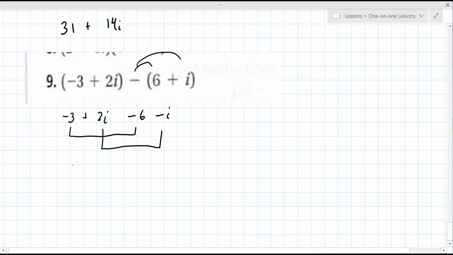So that makes it minus 9, and then it's just plus i. Some instructors prefer you to always put it in the form a plus bi. So this makes that work. Just depends on how particular your instructor is.